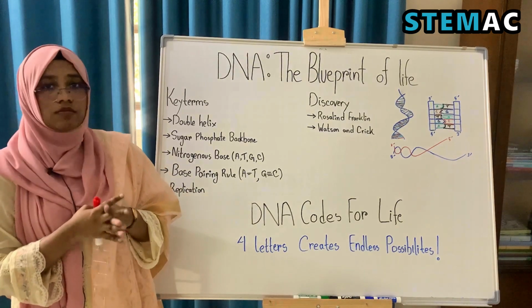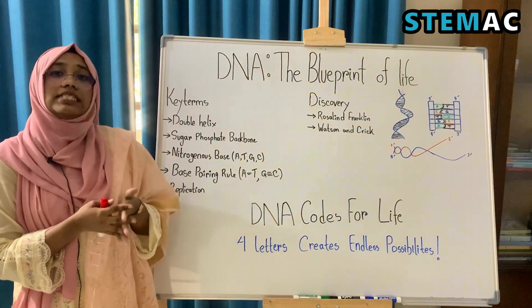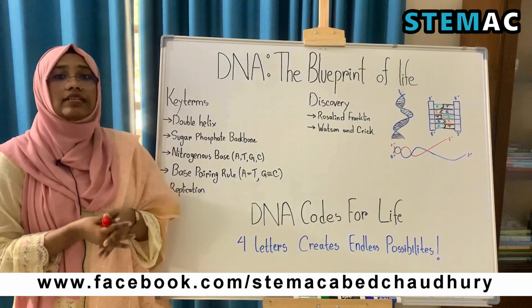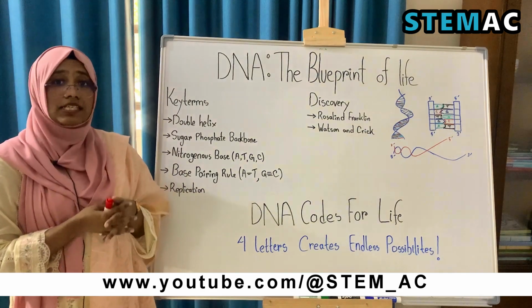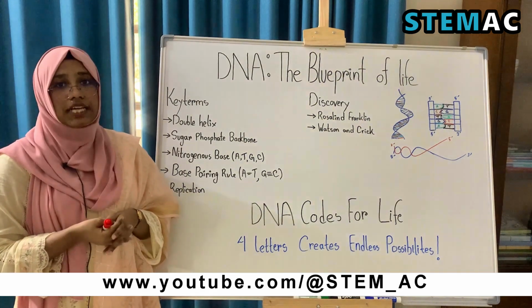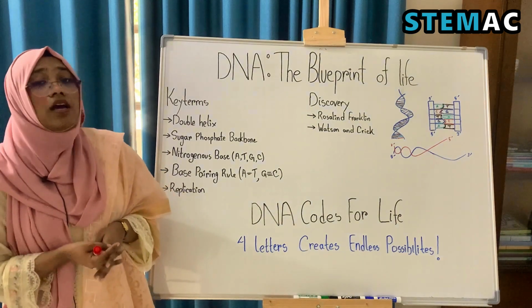So today we have learned that DNA is made up of phosphate, sugars and nitrogenous bases. We know that Rosalind Franklin created Photo 51, which was a catalyst for Watson and Crick to create the 3D structure of DNA, which later gave them the Nobel Prize.